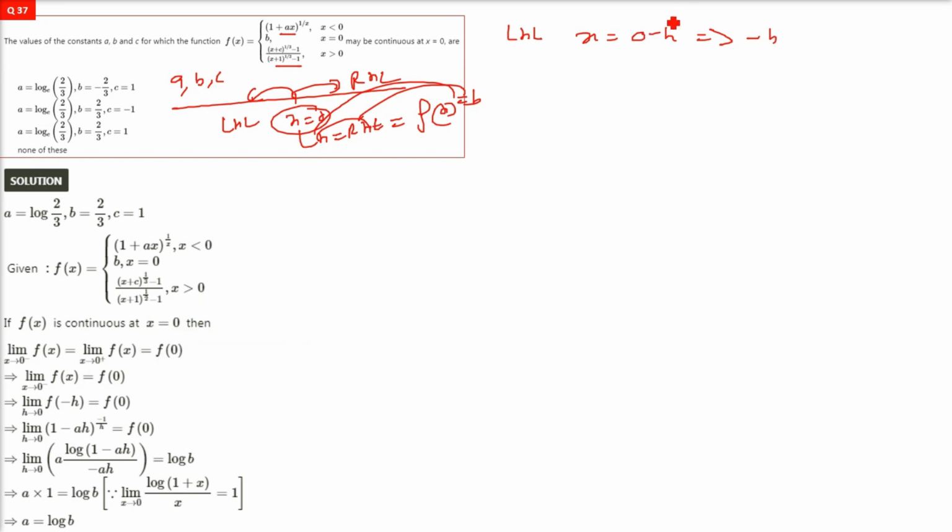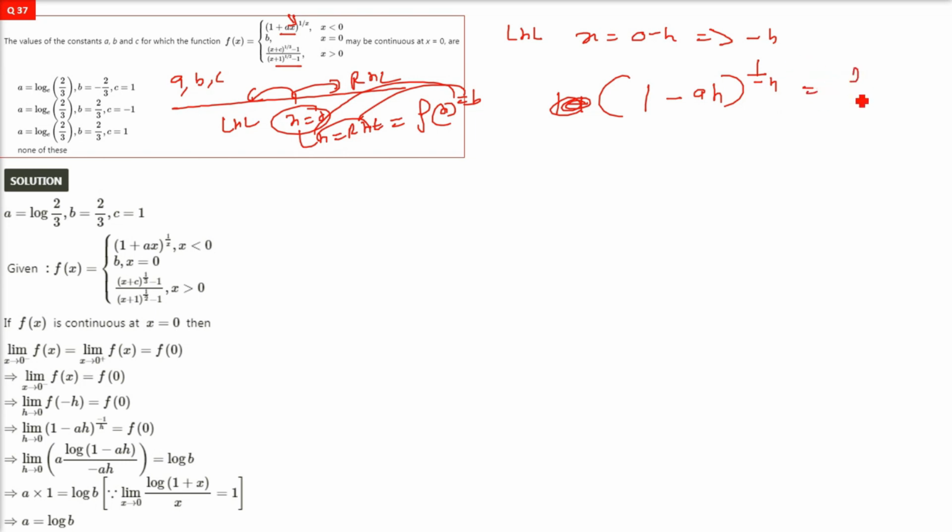We'll talk about the first one and then go on to the second part, the right hand limit. The left hand limit: I'm replacing x by negative h. So this is (1 - ah) to the power 1/x, replaced by 1/(-h), or -1/h.